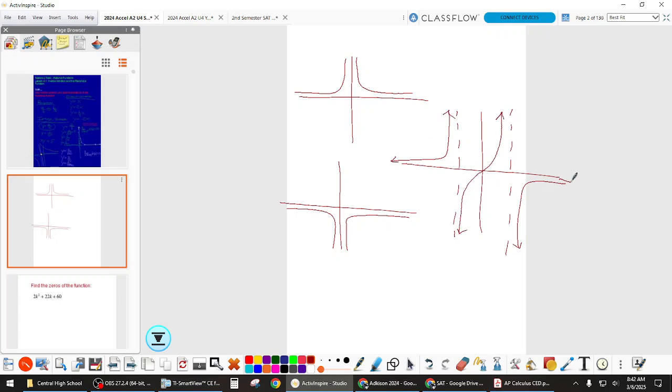Okay? So way different than graphs we've seen. These have multi-parts. A lot of them have 3 like that. They have lines both vertically and horizontally that they can't touch because they're dividing by 0. Yeah, we haven't seen anything like this, but these are cool graphs.